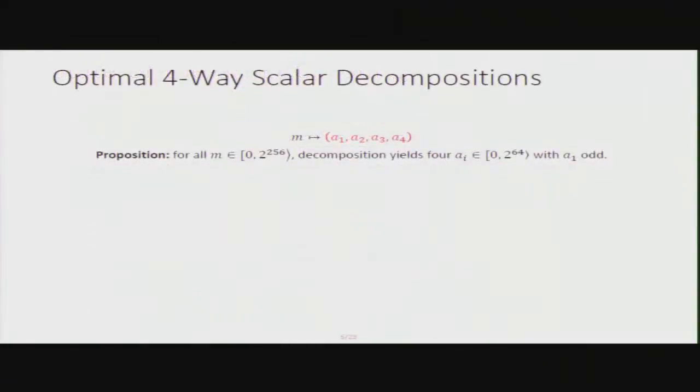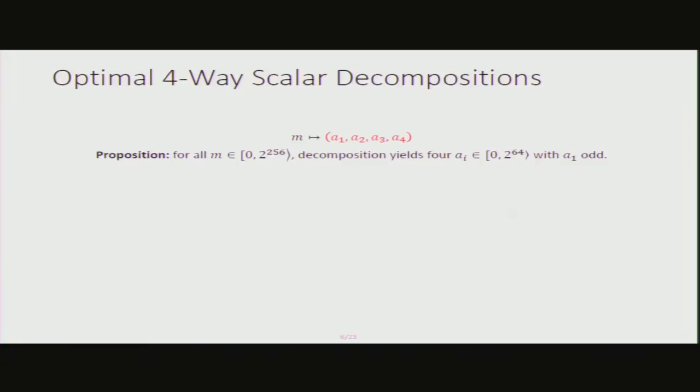Now, we describe in the main paper that we published in Asiacrypt 2015 a decomposition method. It's optimal in the sense that you can input any scalar m that has 256 bits, and you decompose it in exactly 4 mini-scalars a sub i with a maximum size of 64 bits each.